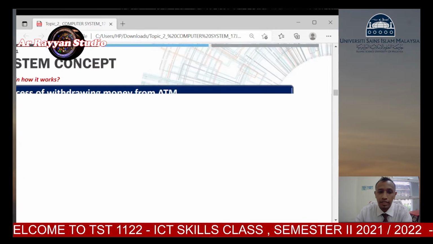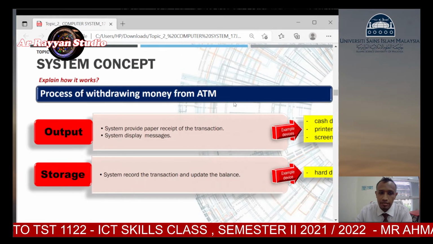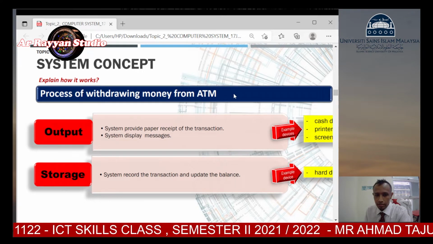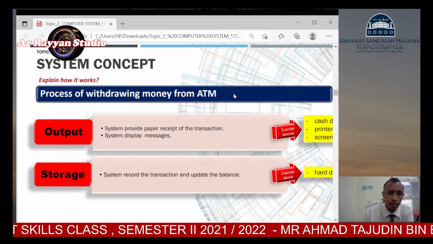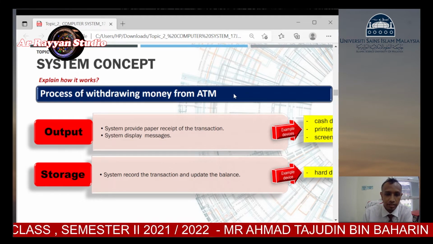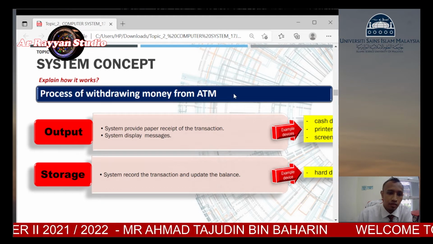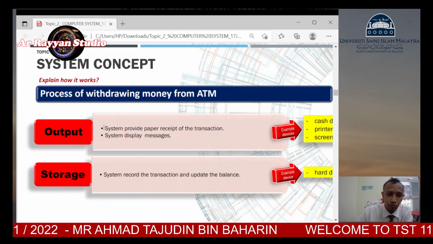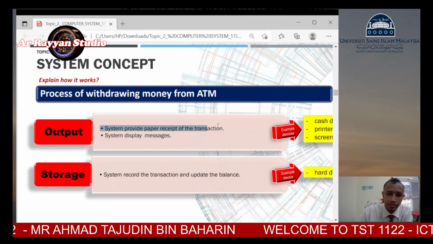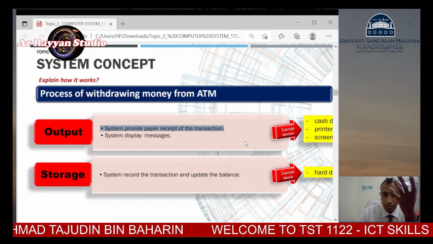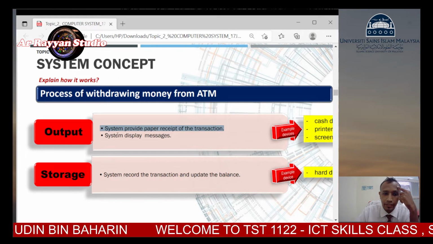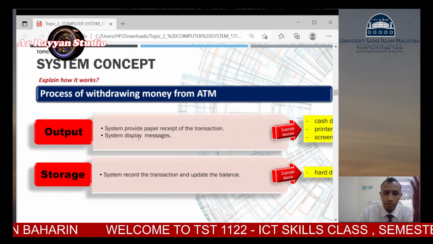Okay, next is output. Alright. The system provides paper receipt for transaction and system displays a message. Okay. So on the output side, one is to print the receipt of transaction. Printer lah, means printer, right? And then the next one is system display message.